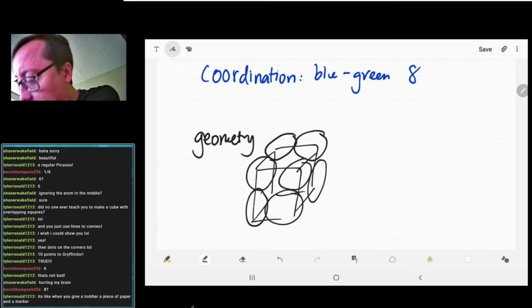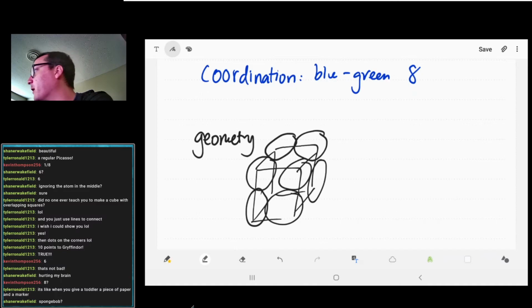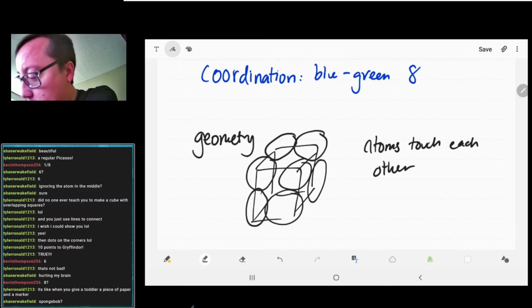Okay, the point here is that in a simple cubic cell, we essentially have the atoms touching each other in a cubic cell.